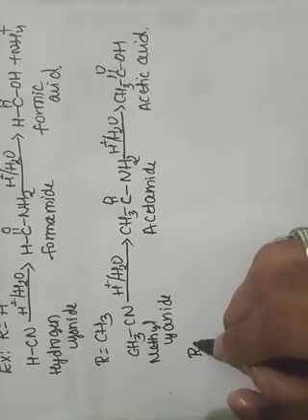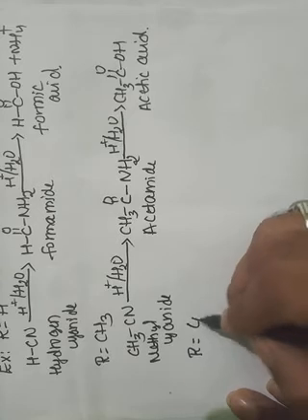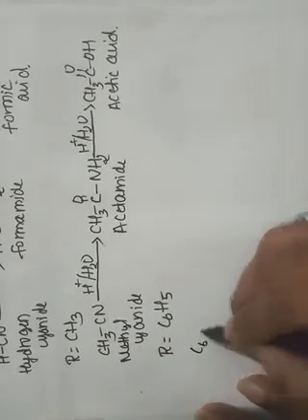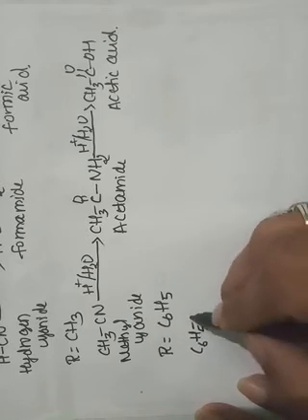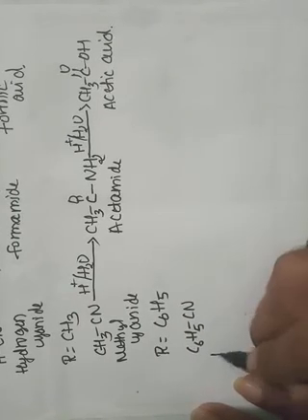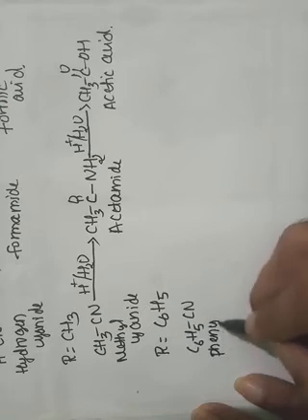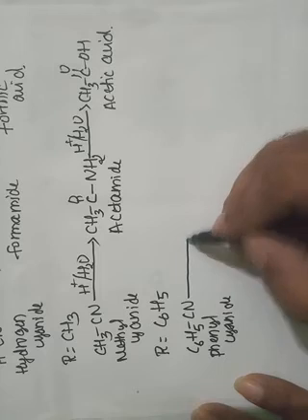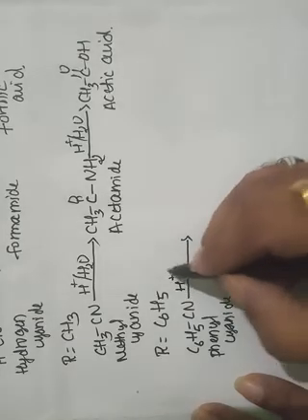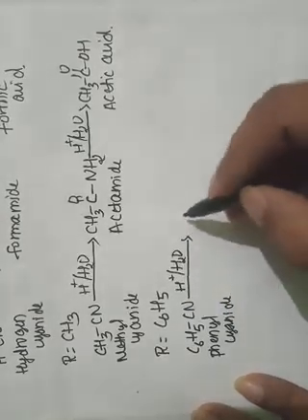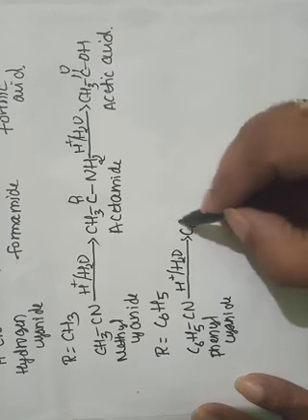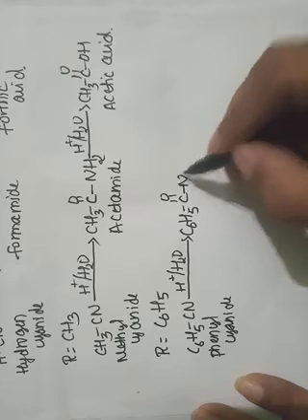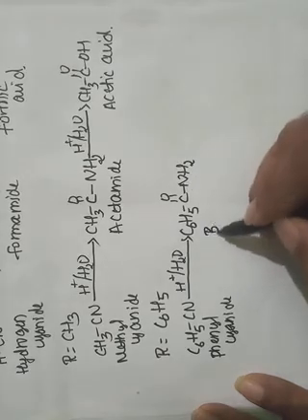If R is the phenyl group, that is C6H5, then C6H5CN. So this is phenyl cyanide. Phenyl cyanide upon acid hydrolysis will form an amide, that is benzamide.